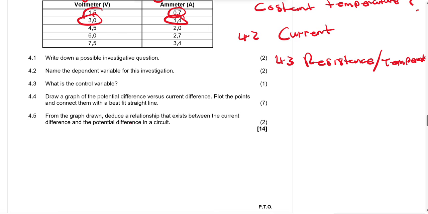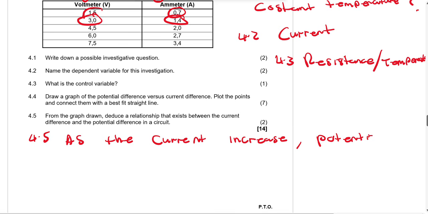So guys, because my graph will be an increasing graph, it means I will say, as the current increases, potential difference also increases.